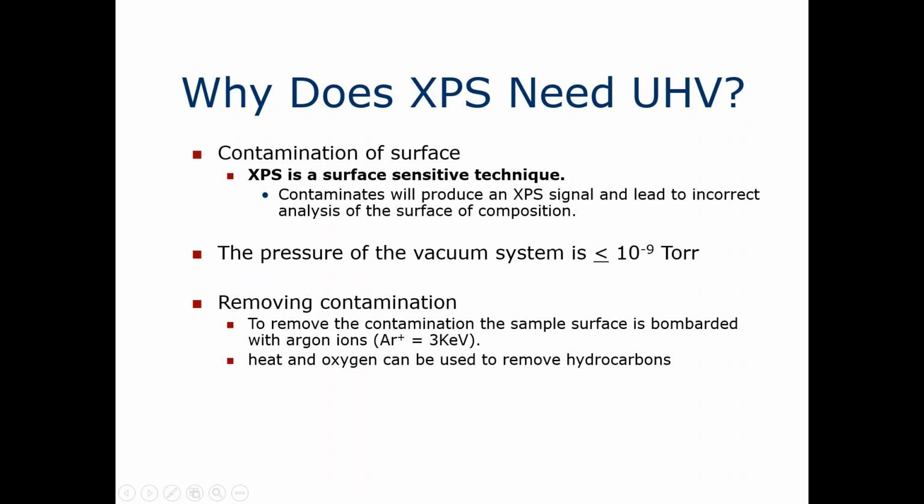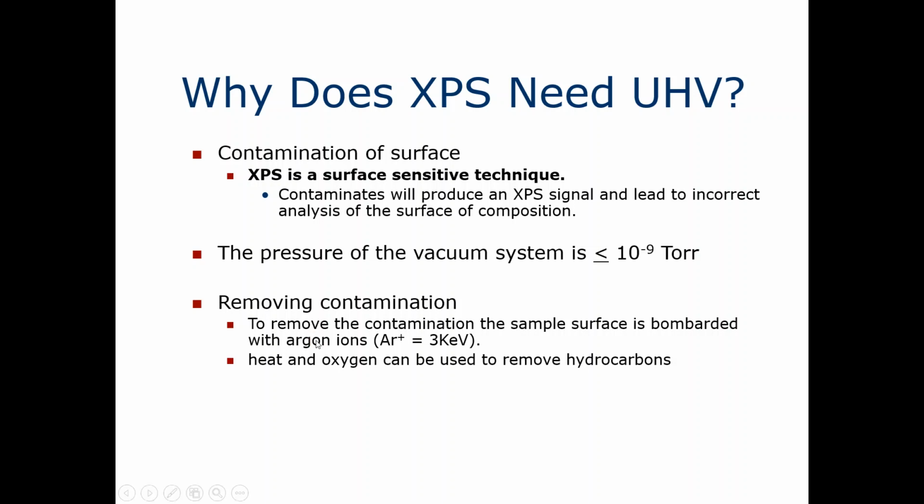We need it for removing contaminations from the sample surface. For removing contaminations, we also have argon ions. The argon ions are used to remove the contamination the sample surface has.